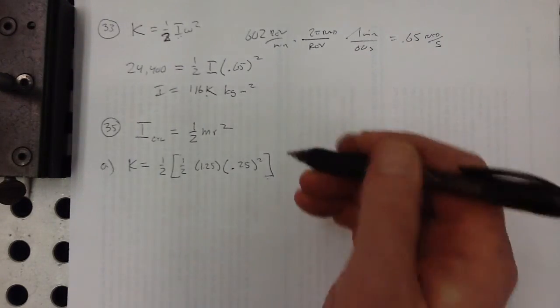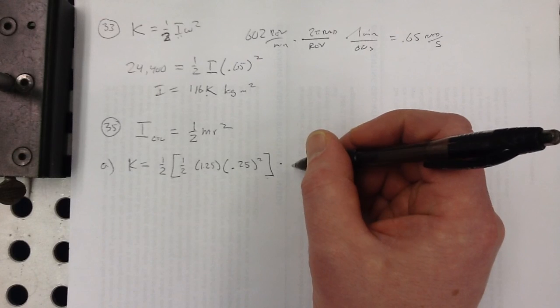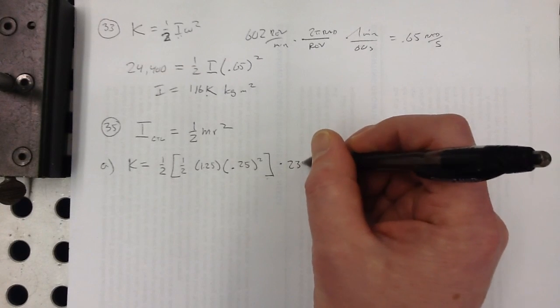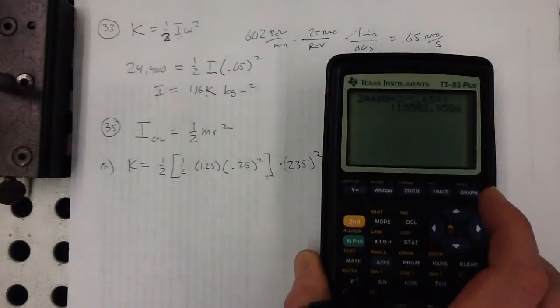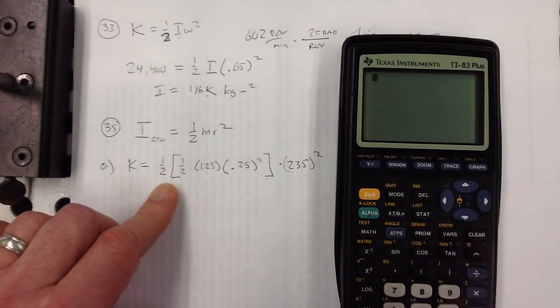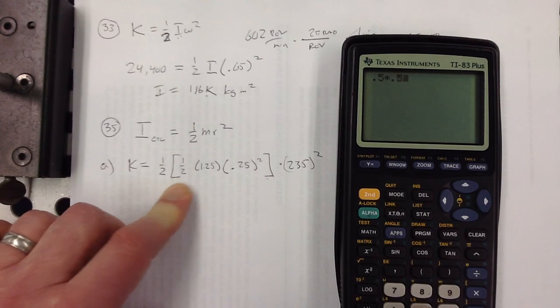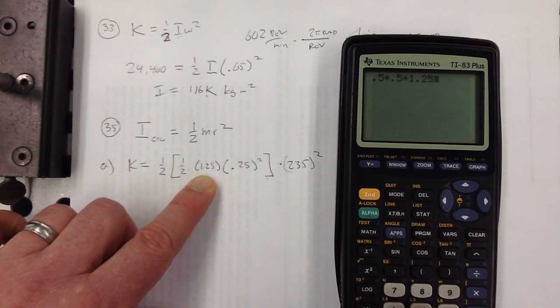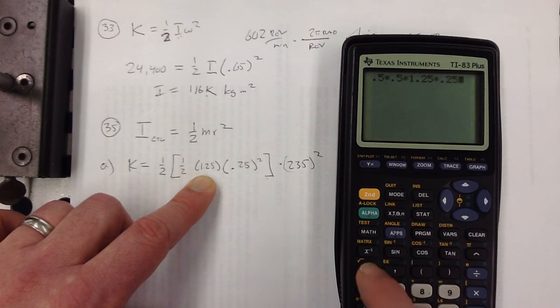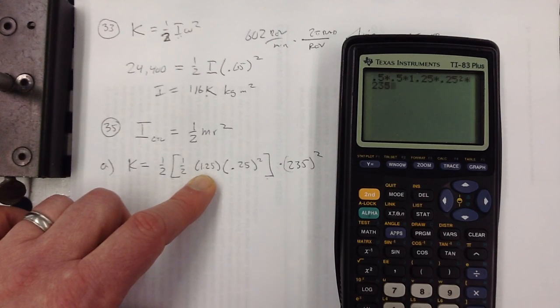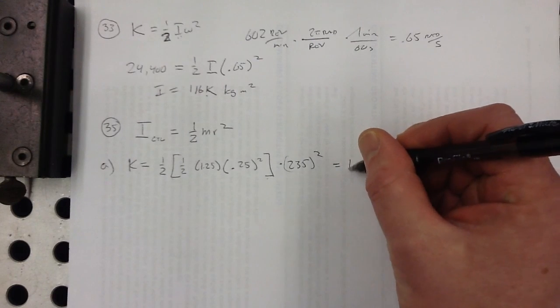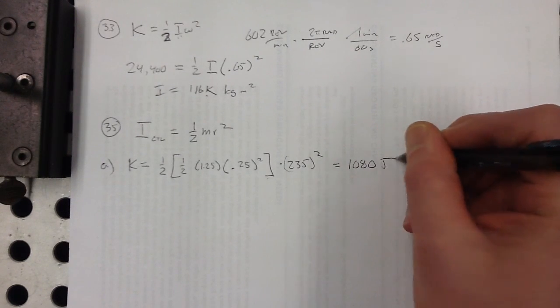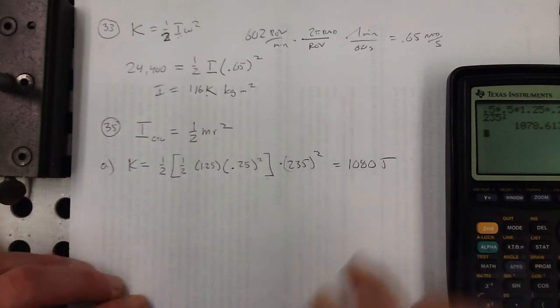That's the moment of inertia of a cylinder times omega, which is 235 radians per second squared. Let's see, so that's 1/2 times 1/2 times 1.25 times 1/4 squared times 235 squared. So that's about, let's say, 1,080 joules with 3 sig figs.